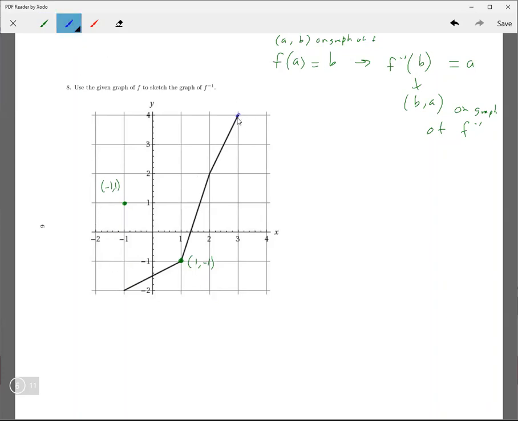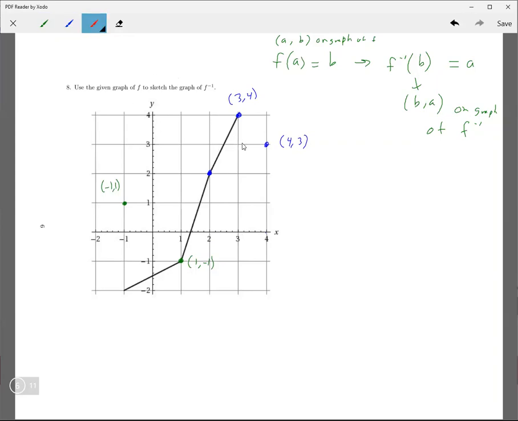Here we have the point where the x coordinate is 3, y coordinate is 4, right? So here we have the point 3, 4. That means that the point 4, 3, which is over here, 4 and up 3, is on the graph of the f inverse. This is the point 2, 2. It's going to be on the graph of both.